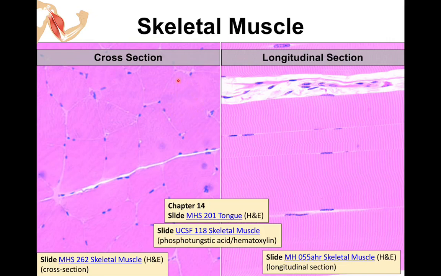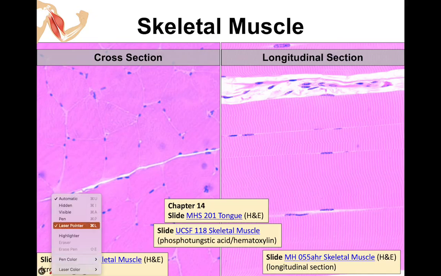It has a stippling appearance, which is due to the section of myofibrils. In a longitudinal section, we can see the striations, these dark and light bands, and we can also see the peripherally located nuclei. Now let us see some slides from the slide box.